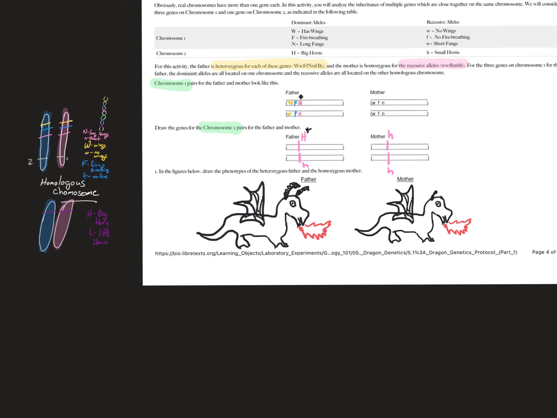And they're not going to be fire breathers because they have both forms of the genes that lead to the recessive phenotype, and that would be no fire breathing. And this mother has no wings in this case.